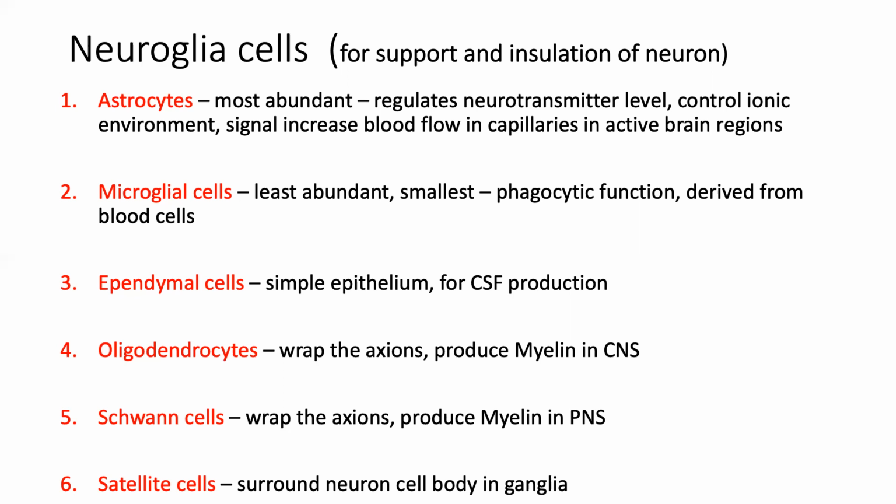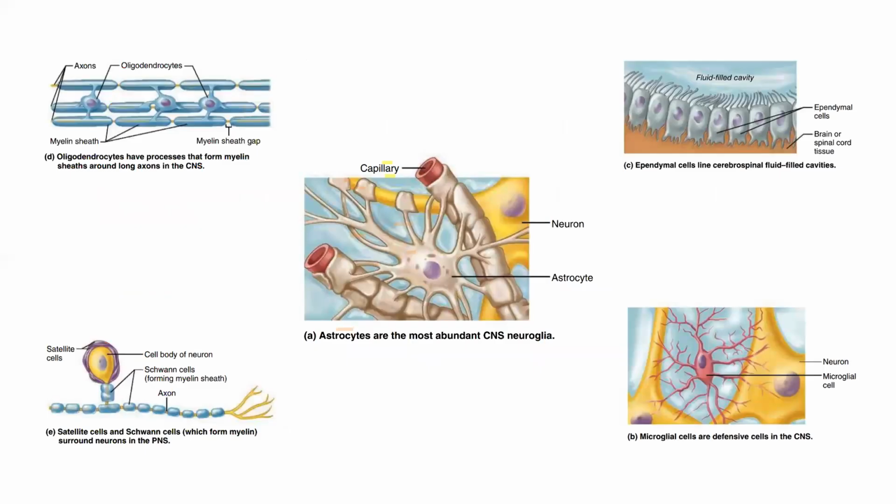If they are present in the central nervous system, they are called oligodendrocytes. If they are present in the peripheral nervous system, they are called Schwann cells. Satellite cells will surround the neuron cell bodies in the ganglia. So that's the posterior root ganglion. We talked about that.